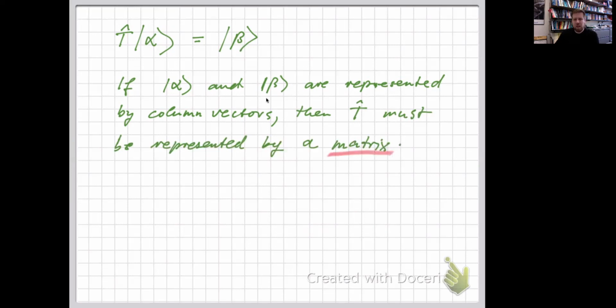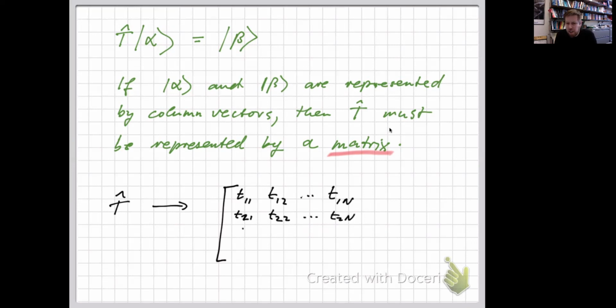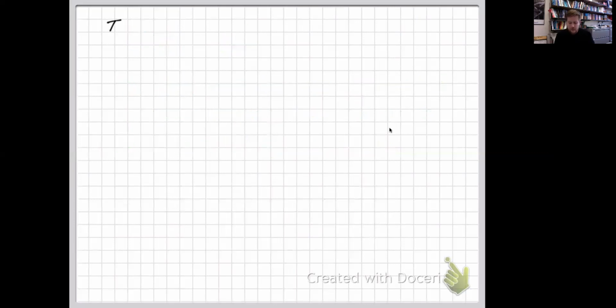Okay, and so if the column vector is n-dimensional, then this matrix has to be an n by n matrix. So here we go, we have T represented by this matrix. If we apply this matrix to the column vector, we can really talk about multiplication. We multiply this matrix to the column vector, we get another column vector.